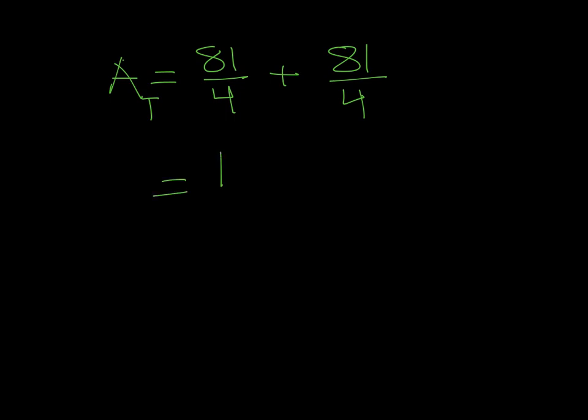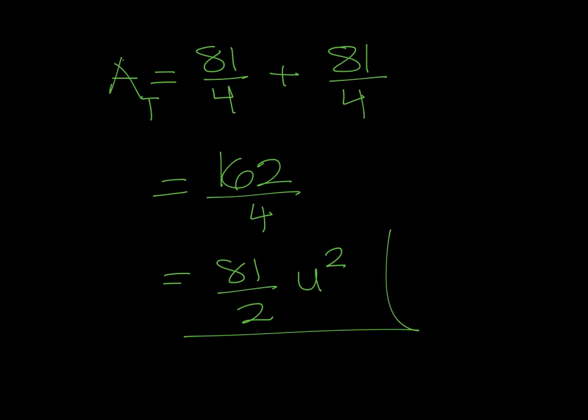So we will have an area of 81/4 plus a second area, which will also be 81/4, which gives you as a result 162/4, which is the same as 81/2 of units squared. So the area between the two curves is 81/2 units squared.